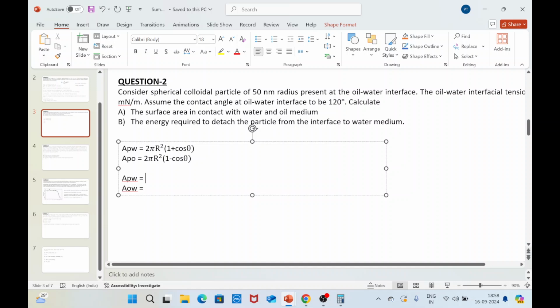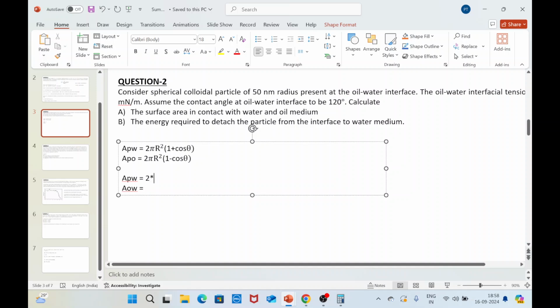Yes, what is the answer? 1.57 into 10 to the power minus. Okay, let me also calculate. So it is 2 pi r square.